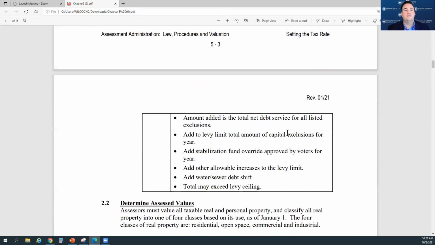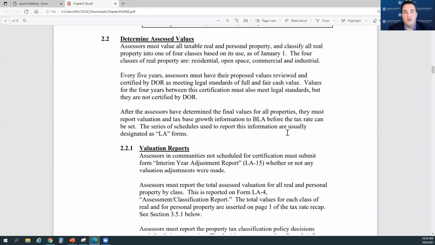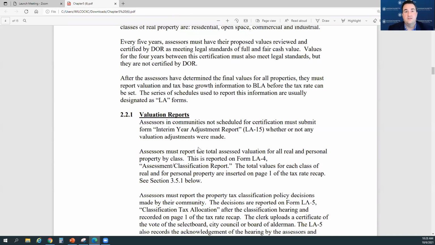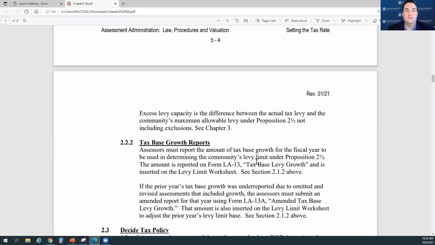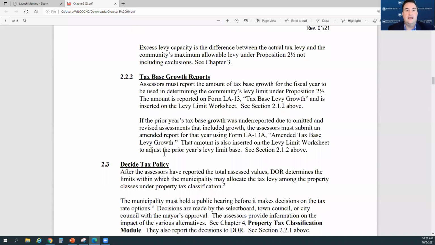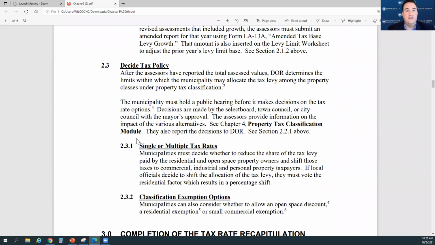There's all sorts of different terminology in here. There's all sorts of answers to almost all the questions that you would receive as an assessor or a municipal finance official. So if you have any questions, here's even the single or multiple rates. Why do we do that? You might have a new elected official that just doesn't understand why we're there.